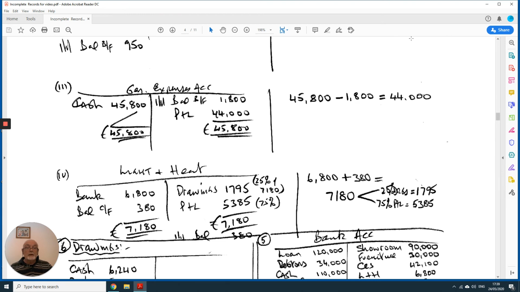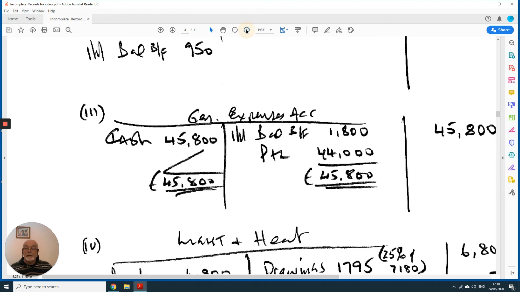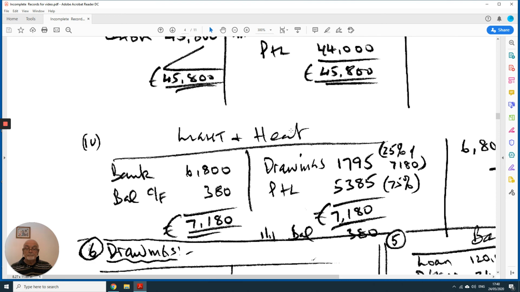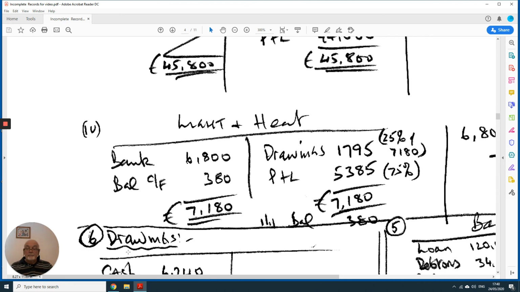So if you have a look in here at that light and heat account, during the year we paid 6,800 for light and heat. We credit our bank account and we debit light and heat. But we still owe another 380 euro here for unpaid electricity.